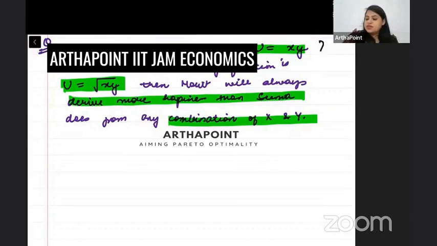The statement is this. Mohit's utility function is u is equal to xy and Seema's utility function is u is equal to root xy. You have to tell me whether Mohit will always derive more happiness than Seema for any combination of x and y. Is this true or not?